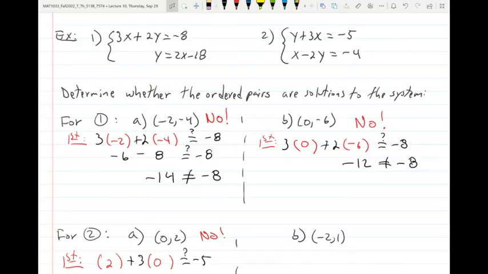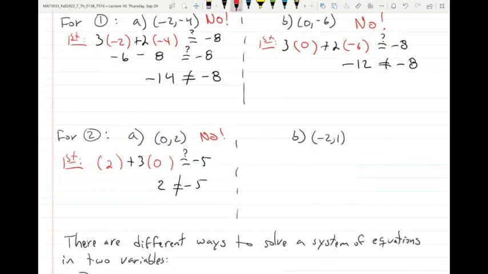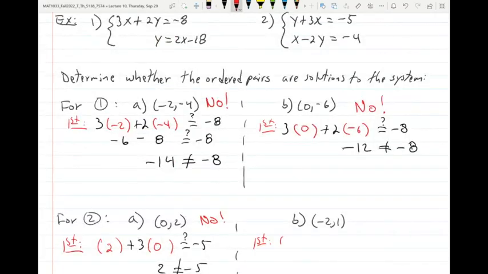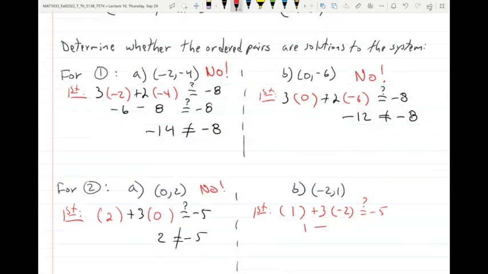So you just write it down here. For the first, just make sure that you put the correct numbers. So 1 minus 6 equals negative 5. Yes, that's good.